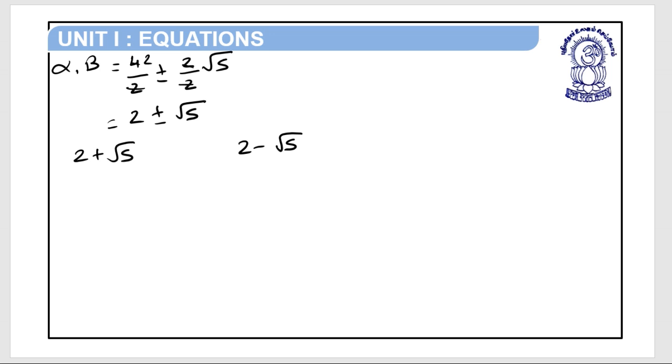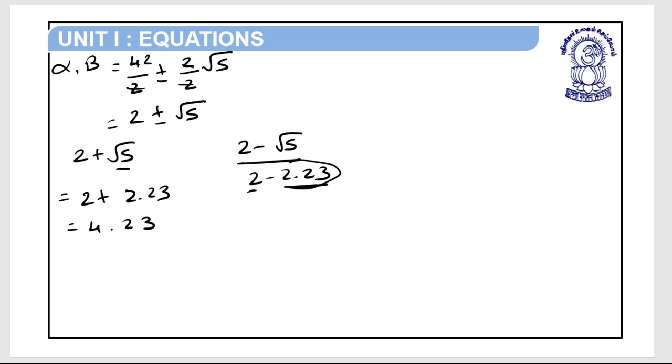The value of root 5 is approximately 2.23. So 2 plus root 5 becomes 4.23. For 2 minus root 5, that is 2 minus 2.23. The value of root 5 is bigger than 2, so it becomes a negative value.